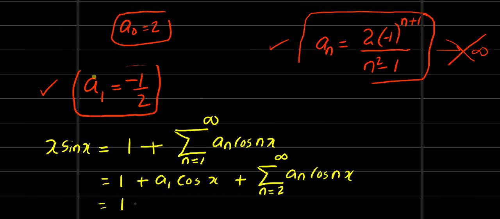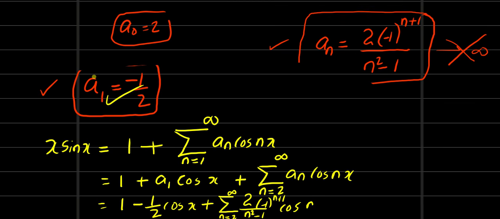Now all you have to do is substitute the values. 1 by 2 is from here, cos x, and then an is over here, plus sigma n equal to 2 to infinity 2 by n square minus 1 minus 1 the whole power n plus 1 cos nx. So that's it, that's the answer.